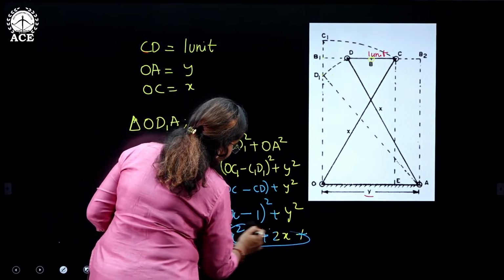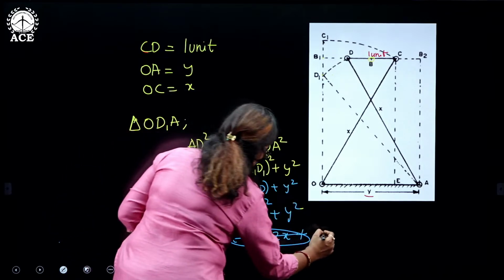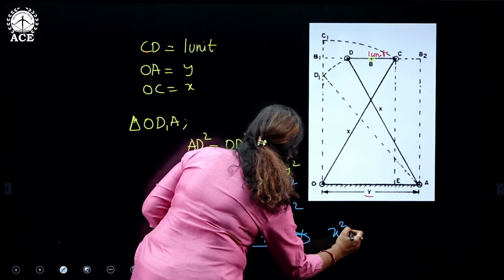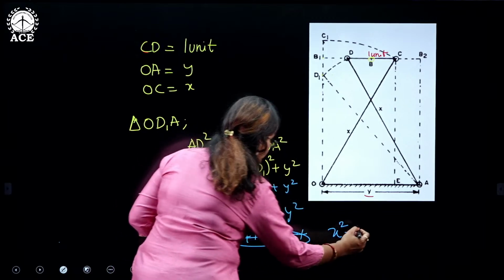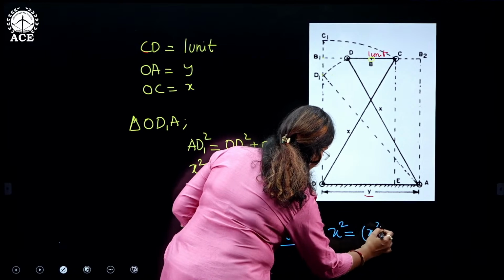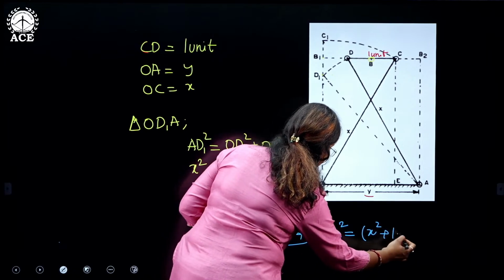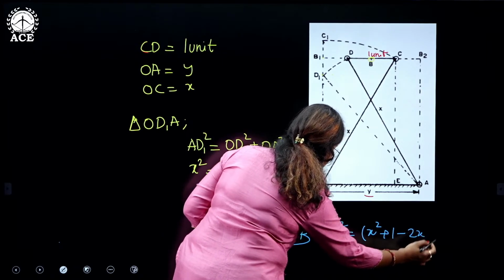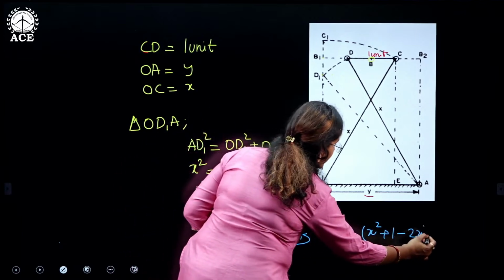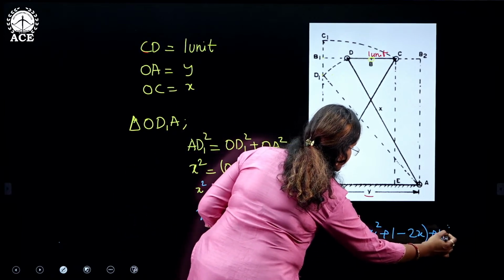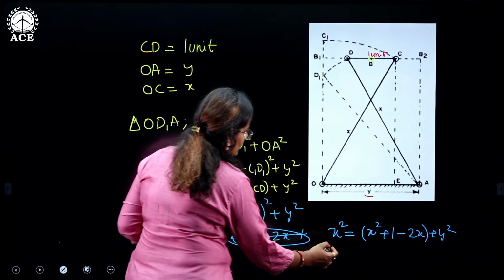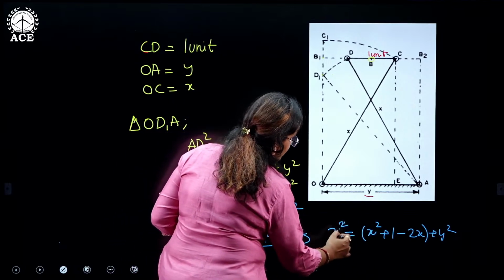Let us write this term again. It is x square is equal to x square plus 1 minus 2x plus y square. So x square and x square get cancelled here.